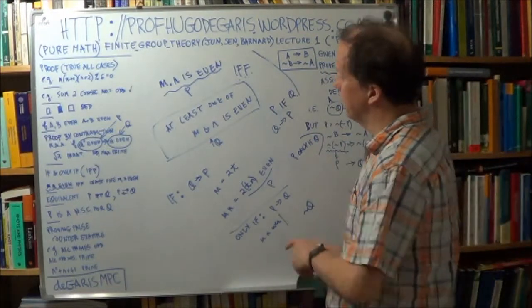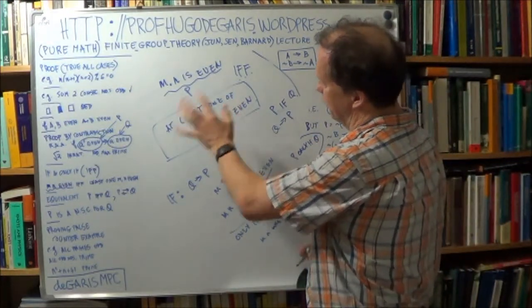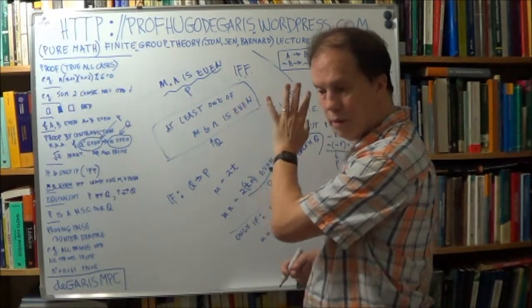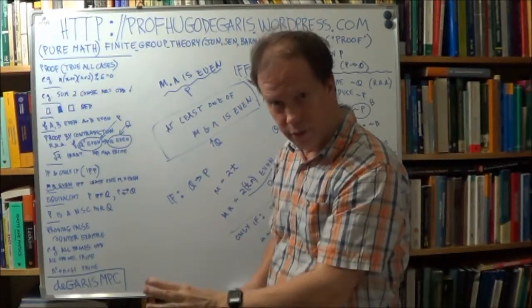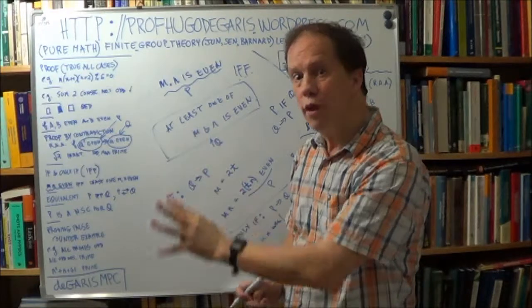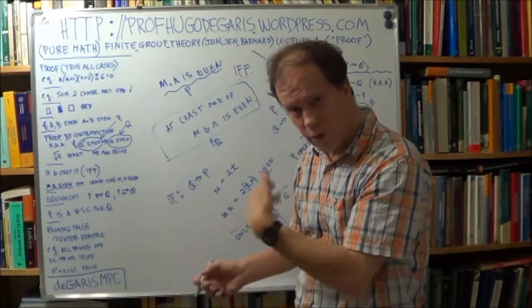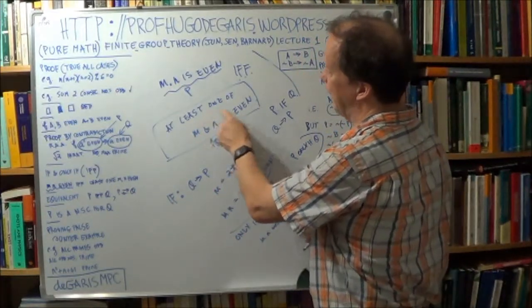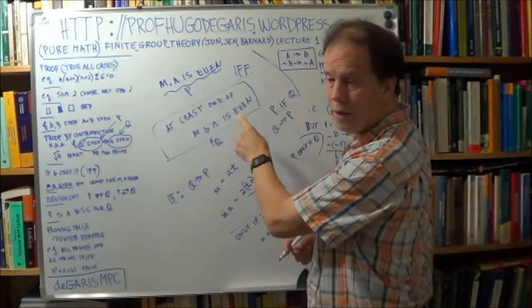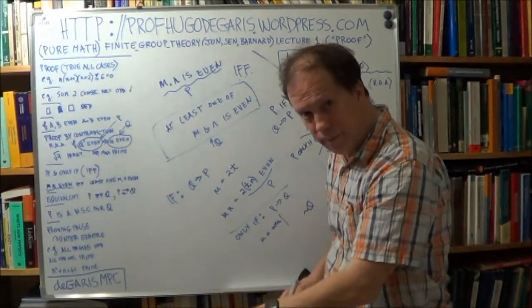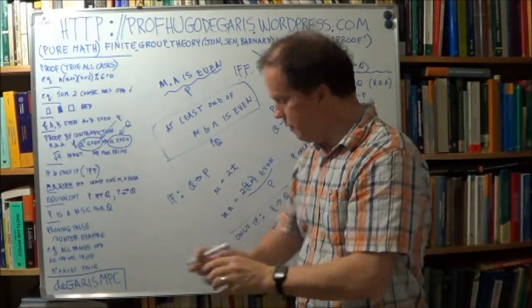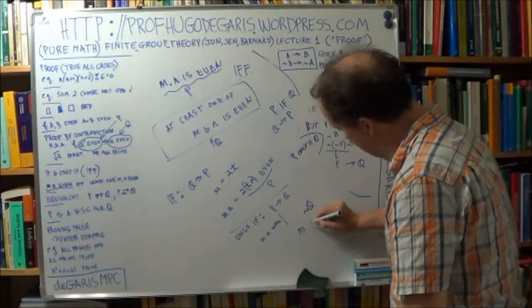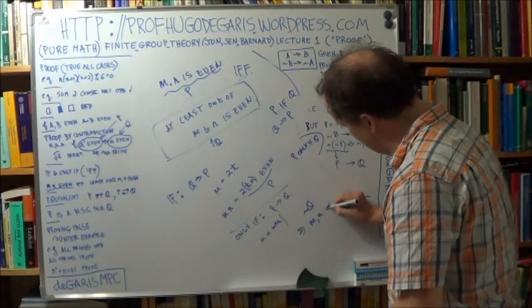How could you express that? Well, if it's not the case that at least one of them is even, that means none of them are even. Therefore, both of them are odd. Okay, follow the reasoning. So the opposite of this, that at least one of them is even, is that none of them are even. That means both of them are odd. Okay, so not Q implies m and n are both odd.